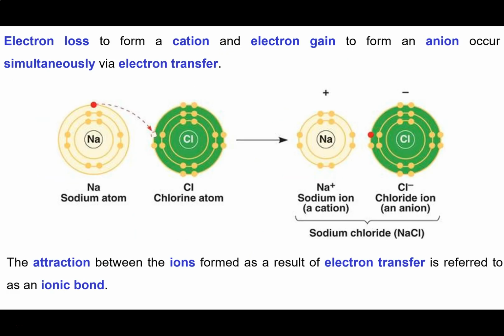Okay, so this is a very important thing to recognize. Electron loss to form a cation and electron gain to form an anion occur simultaneously. We don't have free electrons floating around. So here's a metal, sodium, which has 11 electrons, with one of those electrons in its outermost shell. Here's a non-metal, chlorine. It has 17 electrons.